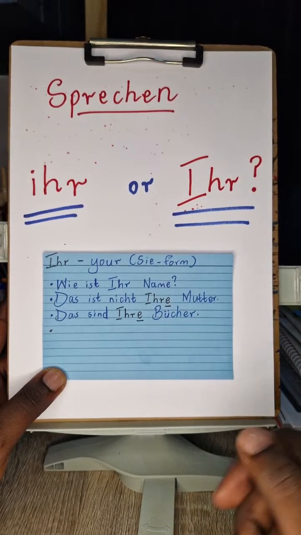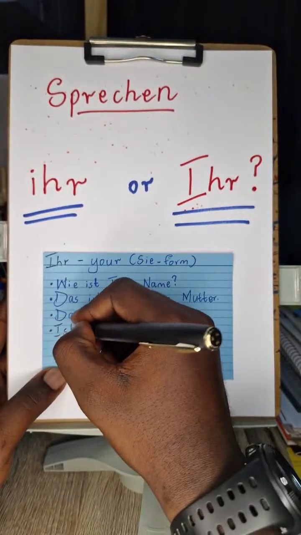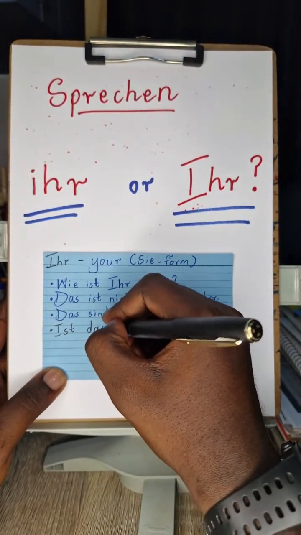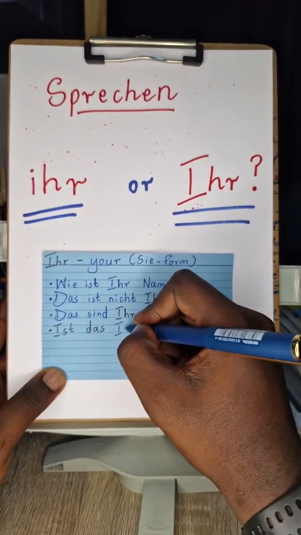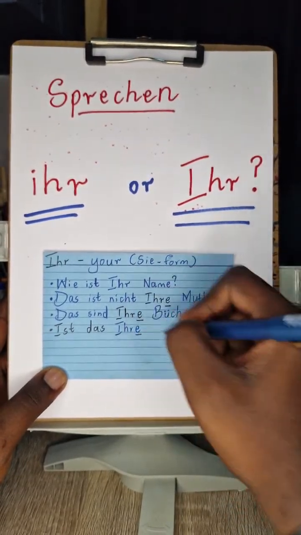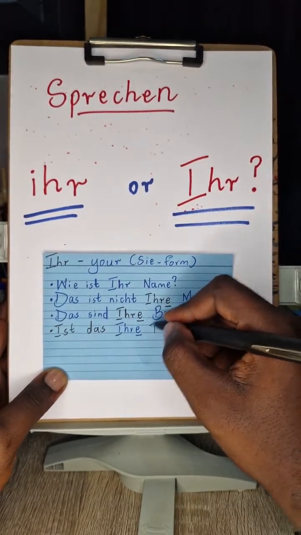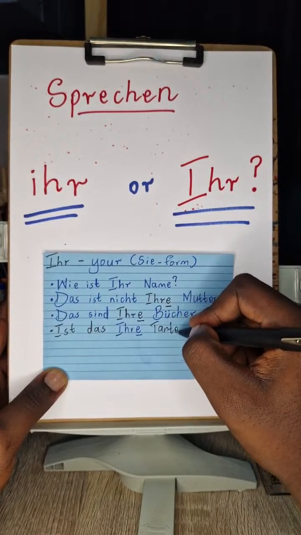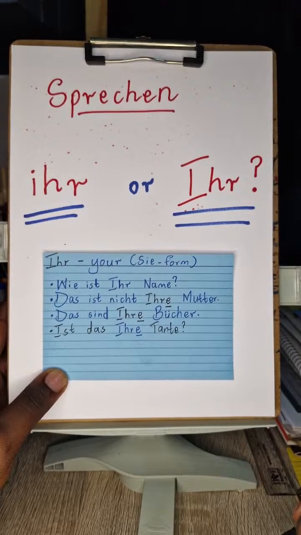So I would say, ist das ihre Tante? Ist das ihre Tante? Is this your aunt? All right.